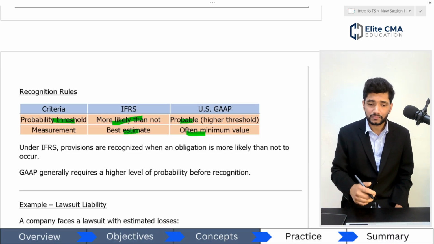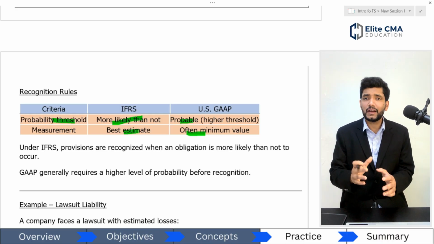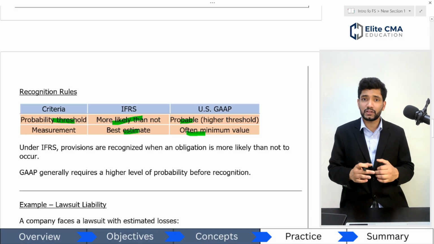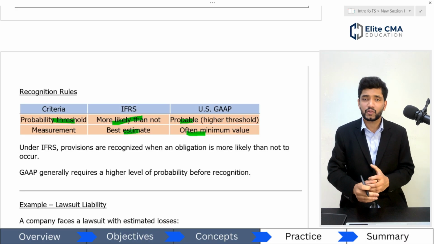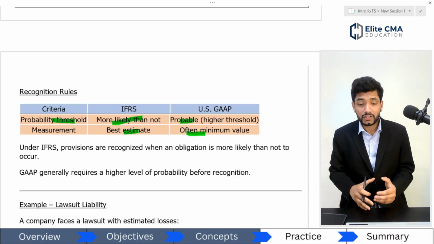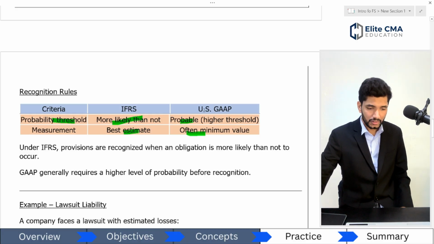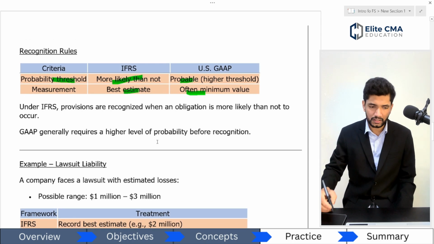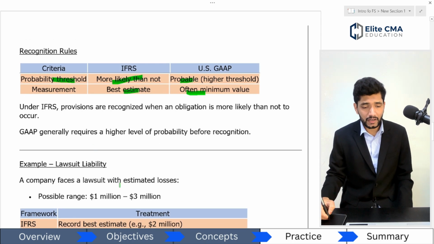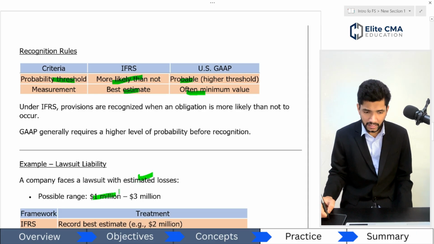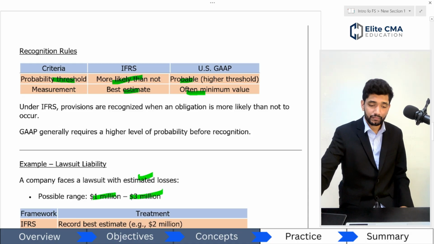IFRS requires less probability than US GAAP, while US GAAP requires more probability to recognize a liability than IFRS. Just look into this example. A company faces a lawsuit with estimated losses. The probable range is 1 million to 3 million.